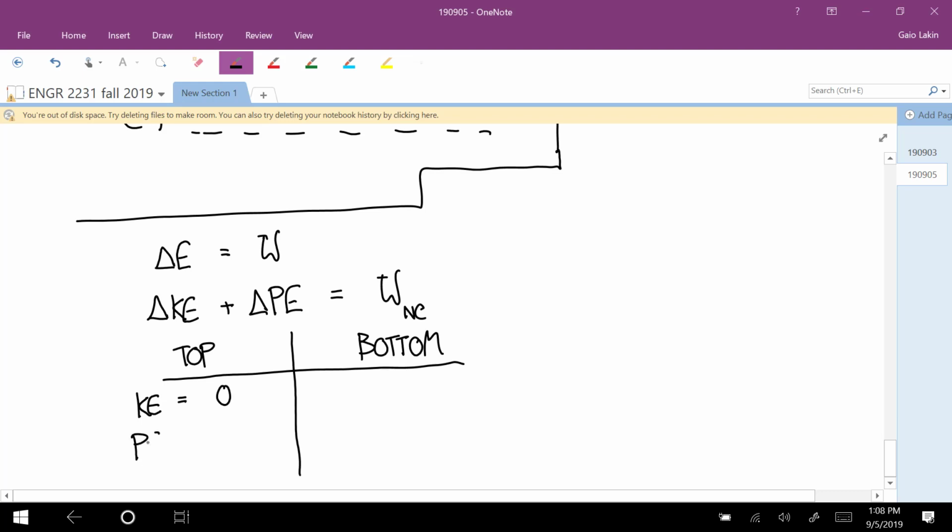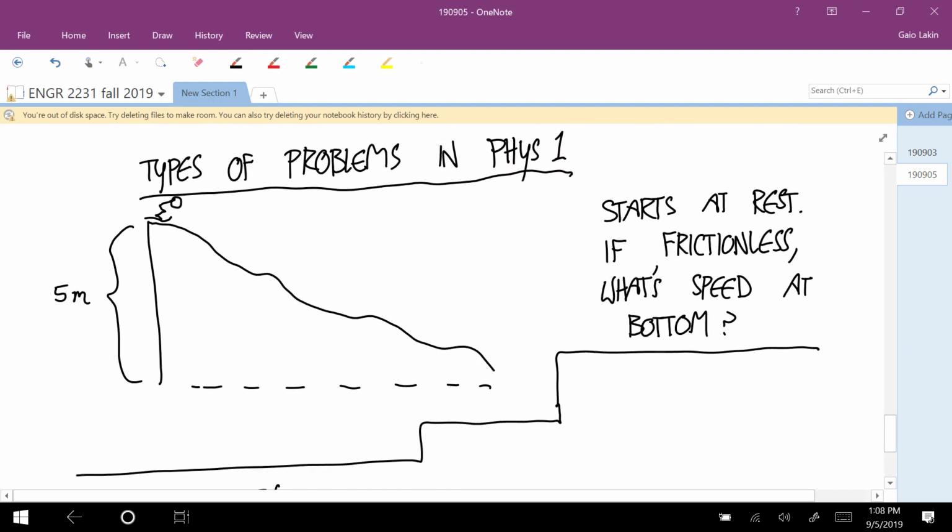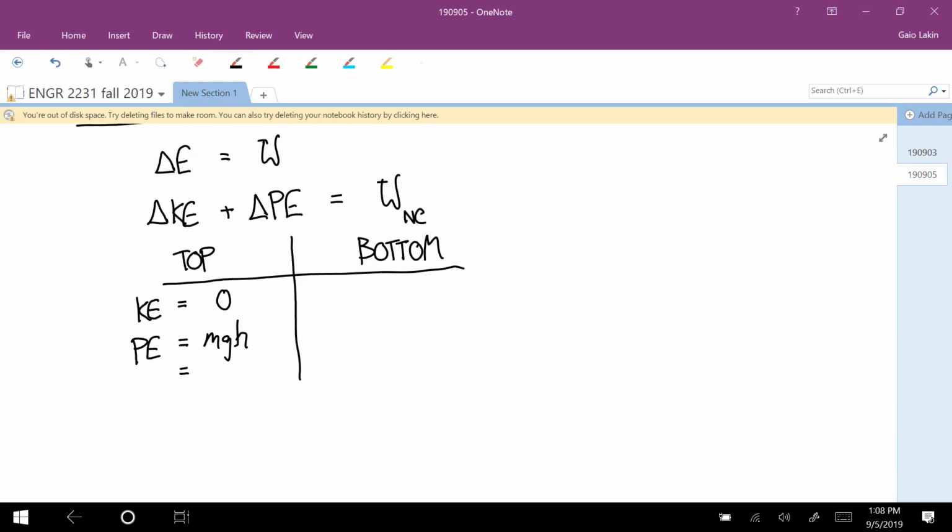The potential energy, so remember the function for potential energy is mgh. If we say our height equals 0 point is at the bottom of the hill, then this is equal to, what did I say, 5 meters? So this is equal to the mass times g times 5.